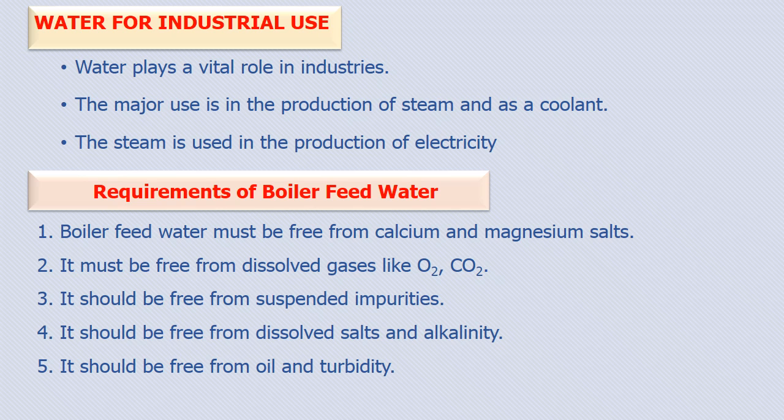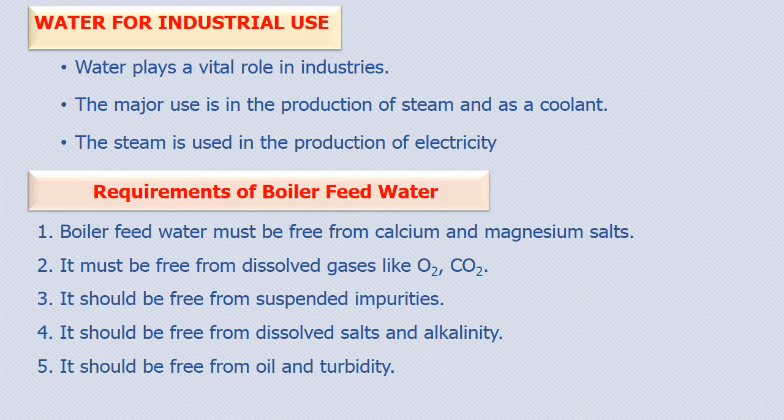The water which we use for boilers should be free from calcium and magnesium salts, that is, hardness causing salts, and it must be free from dissolved gases like oxygen and carbon dioxide, which may cause corrosion to the parts of the boilers. It should be free from suspended impurities which may disturb the working of the boilers.